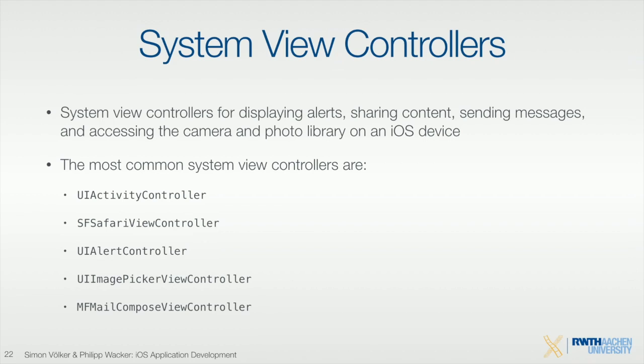Typical system view controllers are the activity controller, Safari, some alerts, UI image picker, and mail composer. They allow you to hook into specific functionalities of the system by using standard applications, and you don't have to write your GUI for these things.